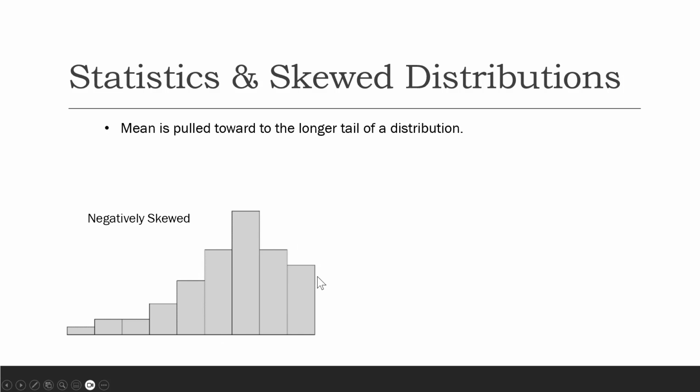But there are a few numbers that are going to be smaller, making that mean smaller and smaller. So while our median is in the middle of that distribution, our mean is going to be pulled towards the tail. And so with negatively skewed distributions, the mean is less than the median.